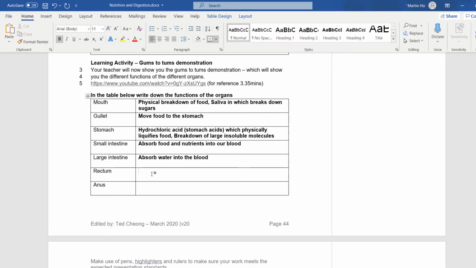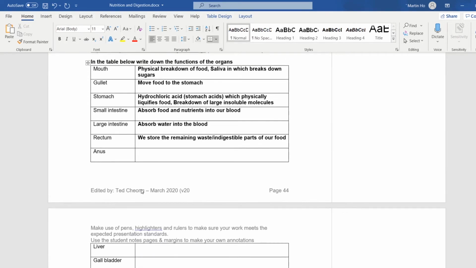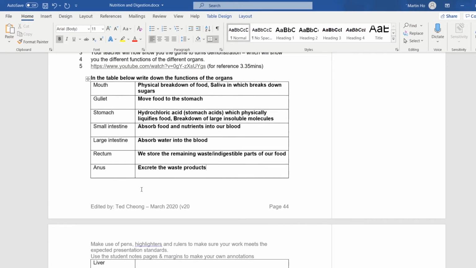In our rectum, we store the remaining waste, the indigestible parts of our food. And lastly, in our anus, we excrete the waste product out of our body. So take a moment to copy this down, and we'll be moving to the remainder of our organs.